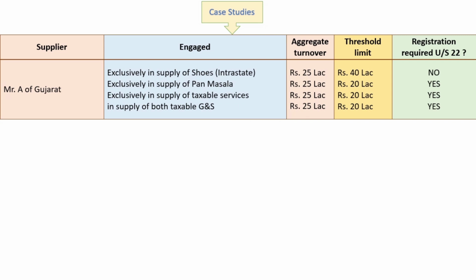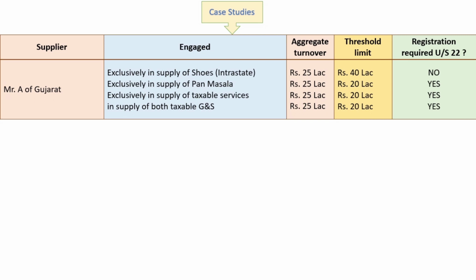First one, Mr. A of Gujarat, he is exclusively in supply of shoes. Then aggregate turnover of that person is 25 lakh. But what threshold limit is applicable because he is doing business in Gujarat? That is code 3. The applicable limit is 40 lakh because he exclusively supplies shoes within the state.